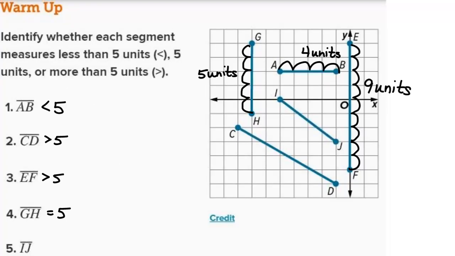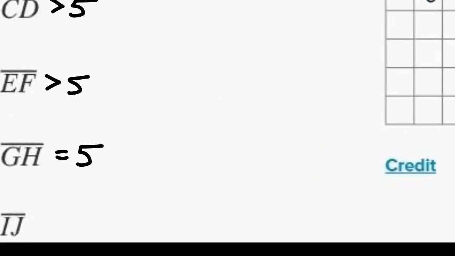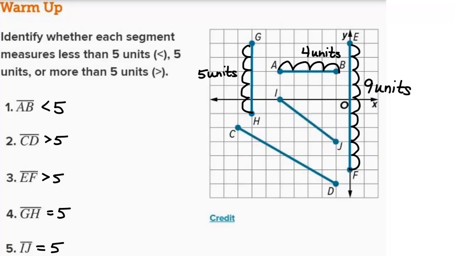And what do we think about this other diagonal line, IJ? That one is equal to. I can't count the boxes since it's diagonal, but in just one moment, after we talk about the distance formula again, we're going to come back and verify that IJ is exactly equal to 5 units.